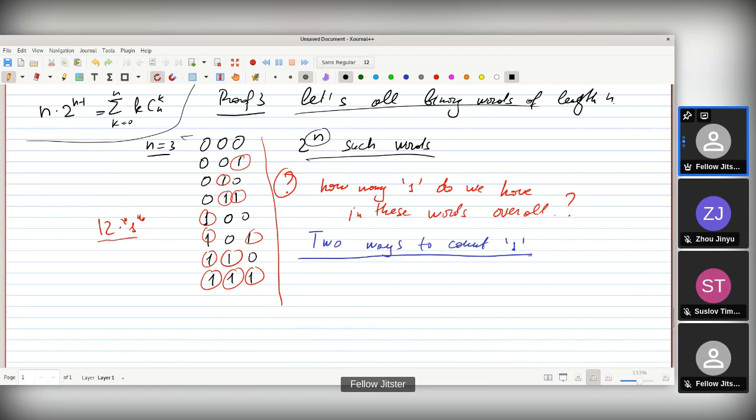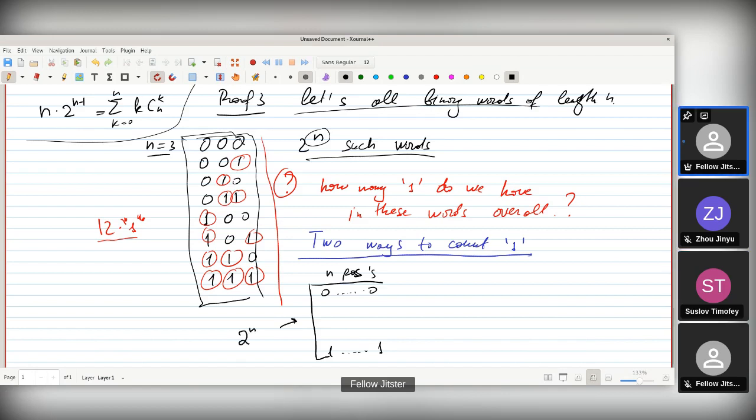So if we look at this table, we may obtain what? At this table, we have n positions. Do you agree? Yeah. And how many words do we have? 8.